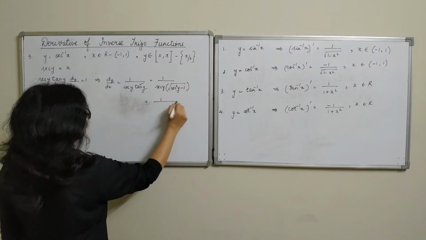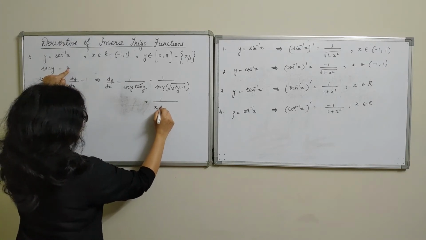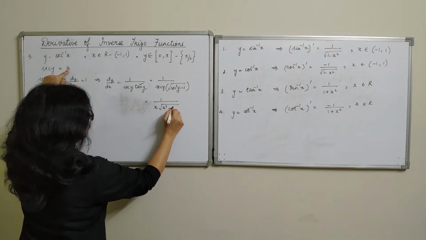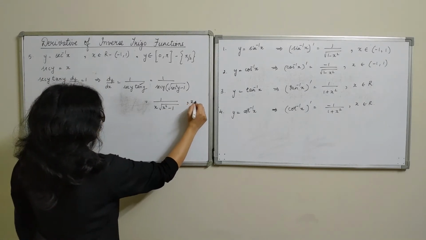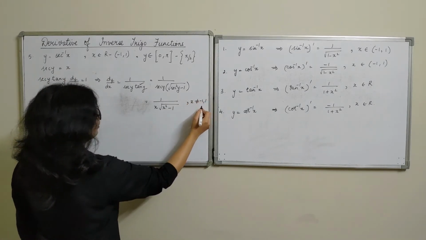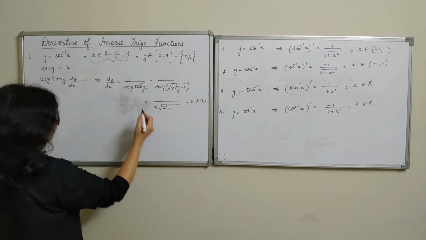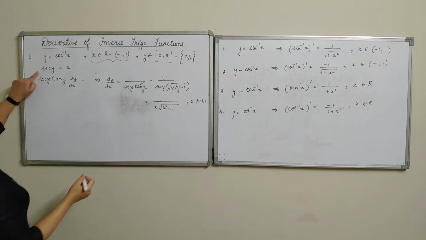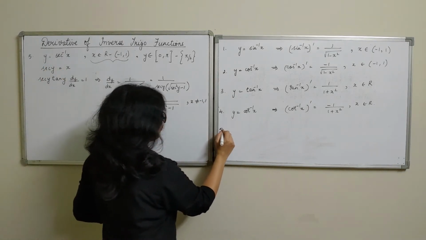So if we replace sec y by x, it is 1 upon x under root x square minus 1. So here x again cannot be minus 1 or plus 1. Alright, that we have already mentioned. So this is the derivative of the sec inverse x function.